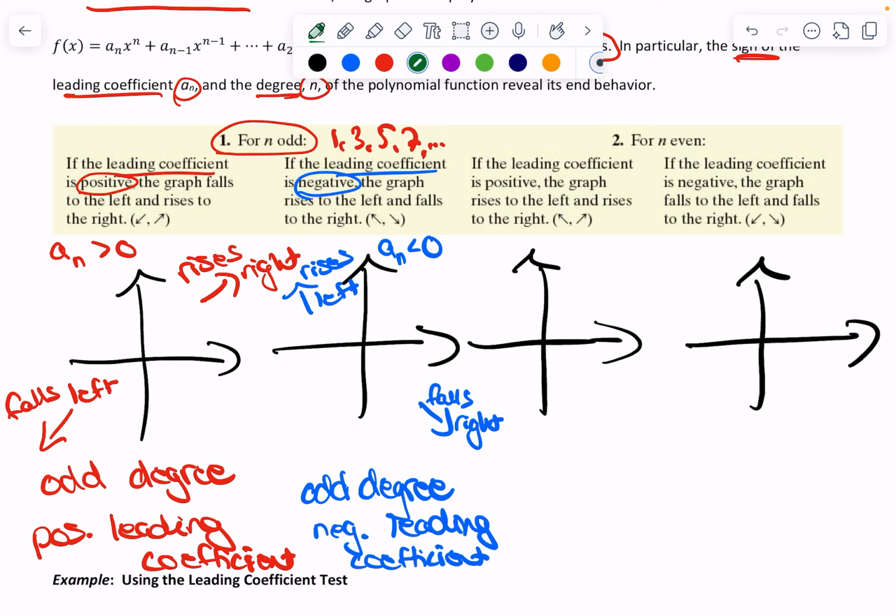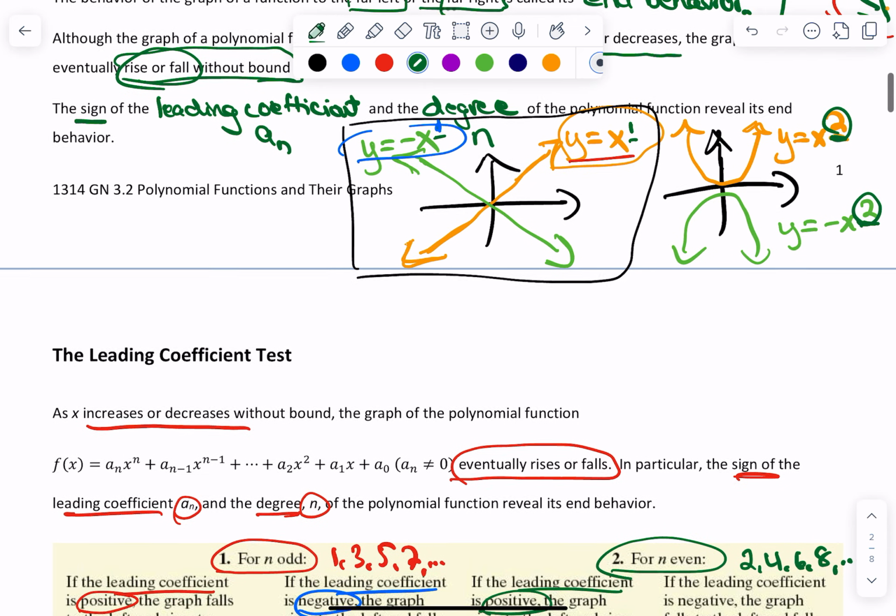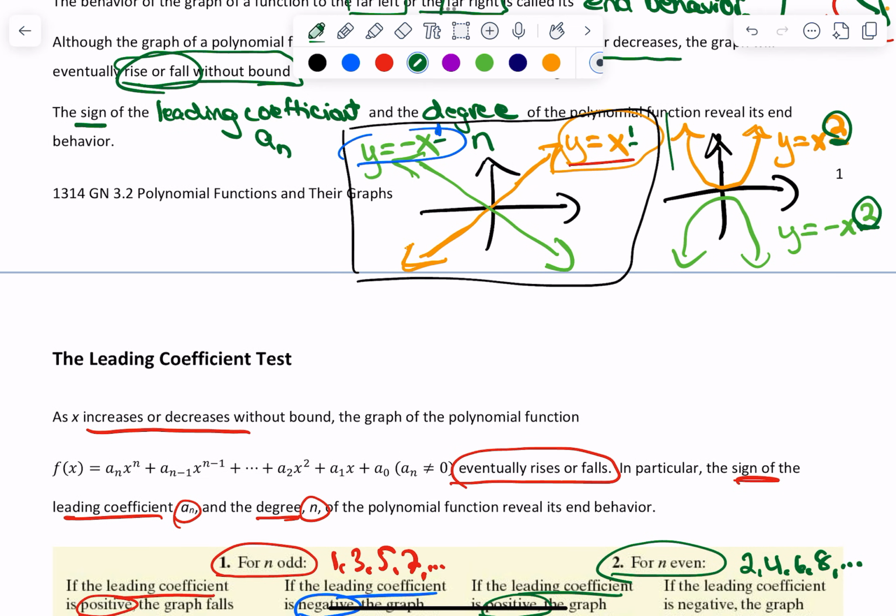Okay, now we're going to go to even degrees. So n is even, so 2, 4, 6, 8, and so on. We're first going to start with the leading coefficient positive, so a sub n is greater than 0. If we look at this one right here, n is even, our degree is even, and the leading coefficient is positive.